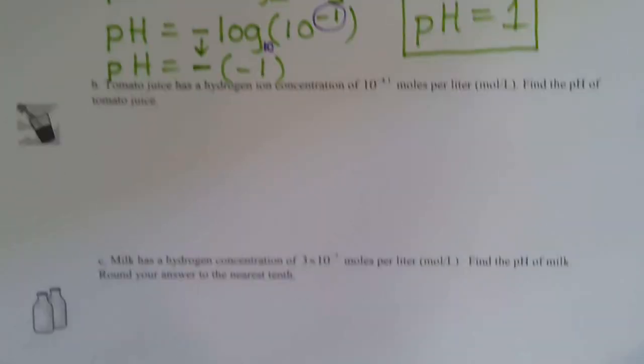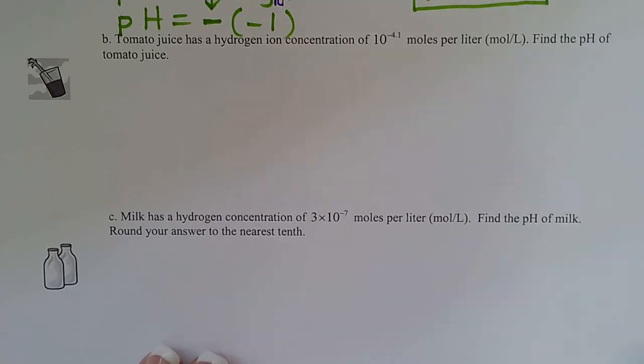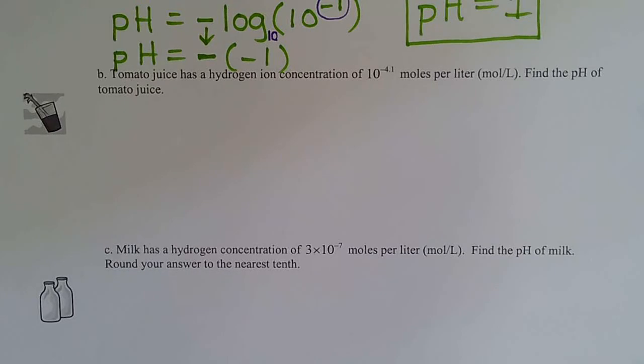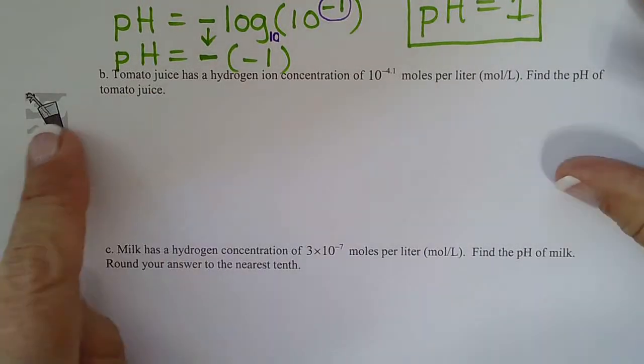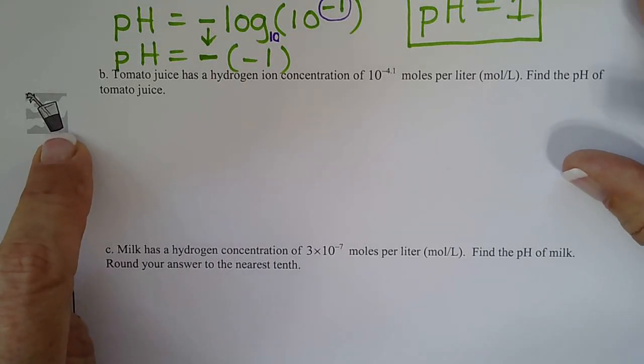So what do you think tomato juice is going to be? I'm guessing acidic. I can't remember exactly from semesters past, but it seems like it should be acidic. It soaks up people's alcohol the next day, so what would that make it?